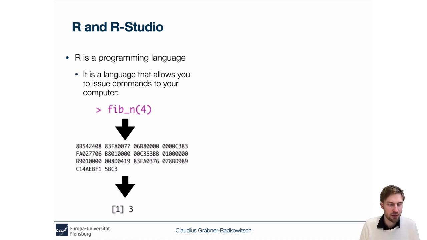So in this case, the function fibn(4) allows us to compute the fourth Fibonacci number, and this number is actually 3. So this is what R does. R is a programming language that allows you to issue commands to your computer and to tell it to fulfill certain computations for you.